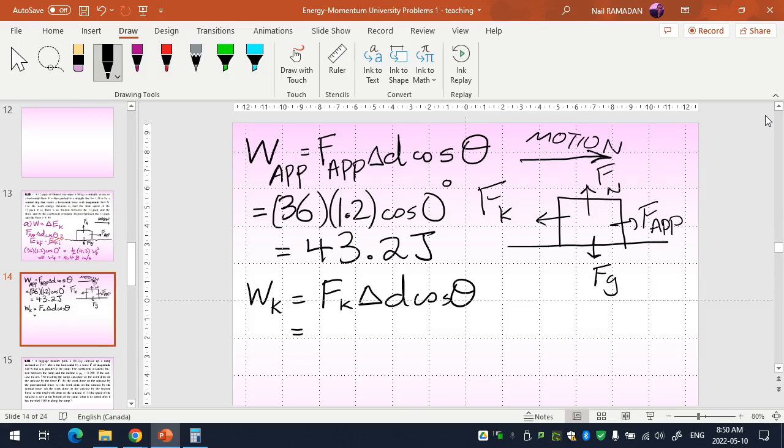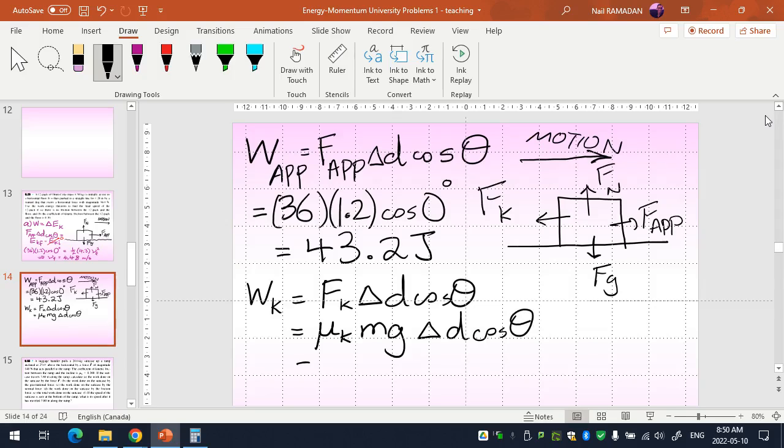Mu K times Fn. And according to this, what's the only thing equal to Fn? Fg. Because according to Newton's laws, on the vertical, there is no motion, which means this one has got to be equal and canceling to this one. Perfect. So Fk is equal to mu K Fn, which is itself Fg, which is itself also mg. There you go. Delta D cosine of theta.